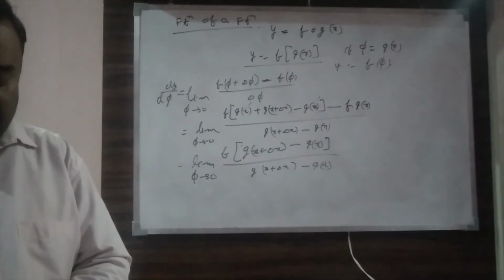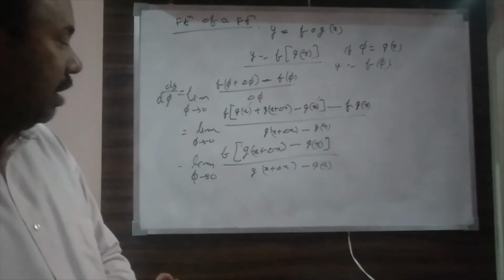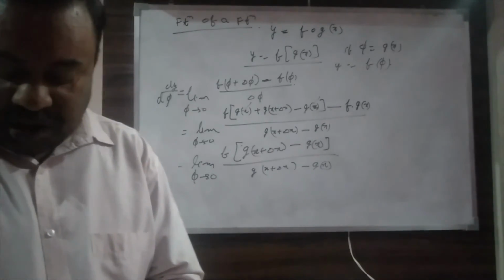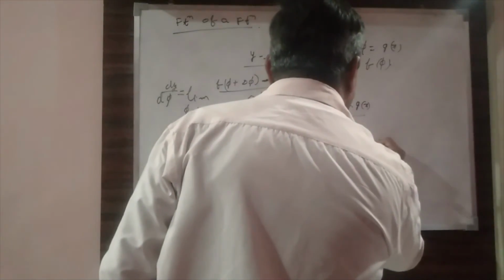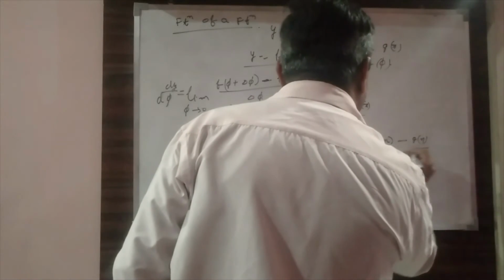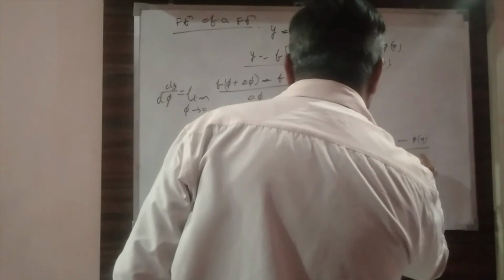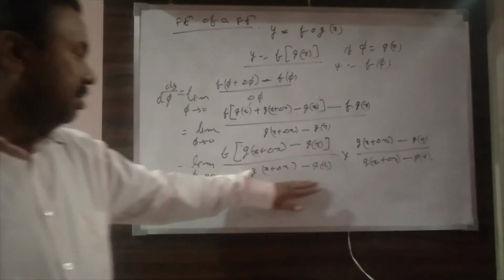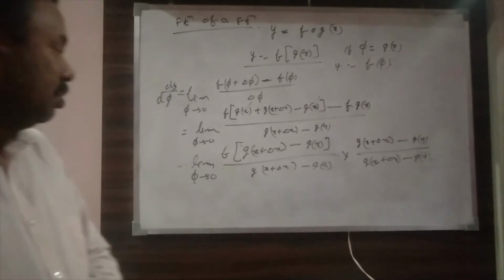I will multiply it by gx plus delta x minus gx, multiplied by gx plus delta x minus gx and divide by the same number, that is gx plus delta x minus gx. What I'm getting is this? Basically, it was delta x only.